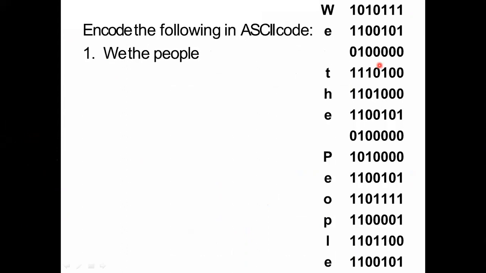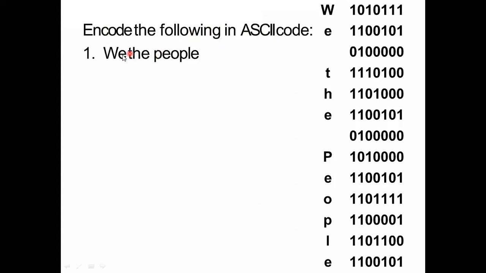See here, encode the following in ASCII code. What is meant by ASCII? ASCII means American Standard Code for Information Interchange. This is the full abbreviation for ASCII. Now here, encode the following sentence.